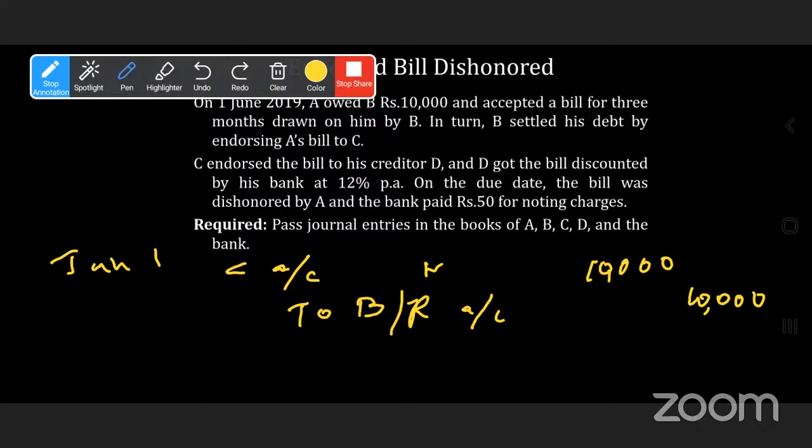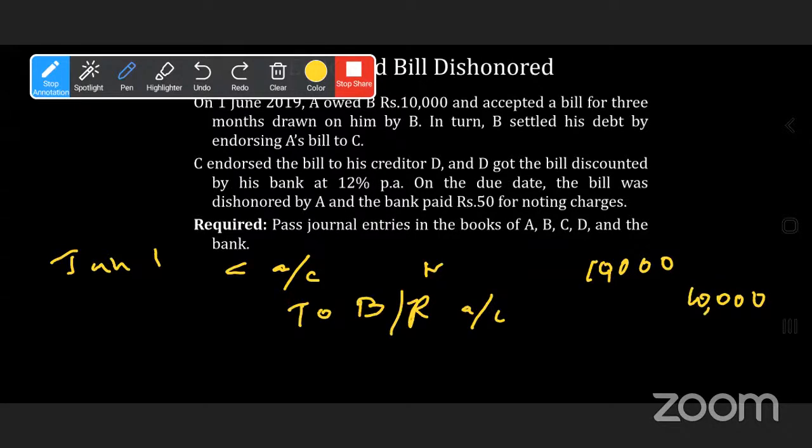Is it okay? Yes, ma'am. Endorse means you are giving or transferring your bill to another person to clear your debt. That we call endorsing.